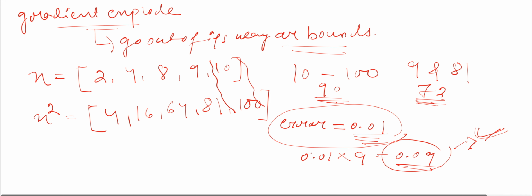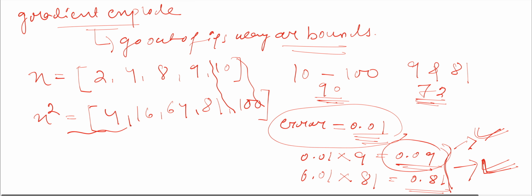It's a good value. But if we multiply the same error value with 81, the square of 9, it will be 0.81, correct? Let's compare these two values. It's a huge number. Our gradient will decrease by a huge number, so there will be a massive drop in our gradient. We cannot have that.